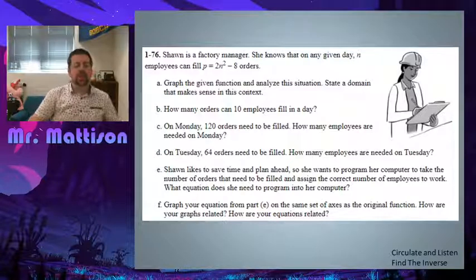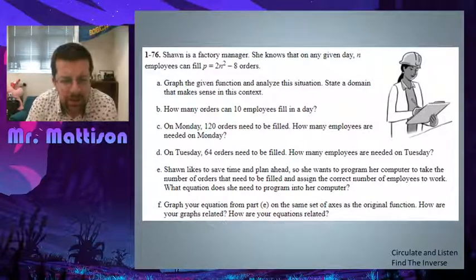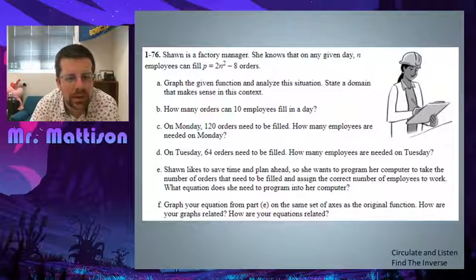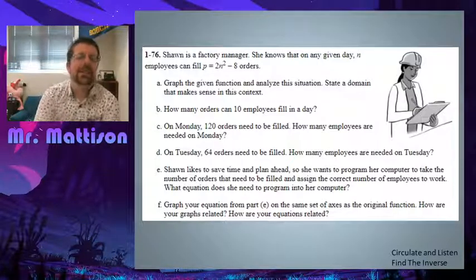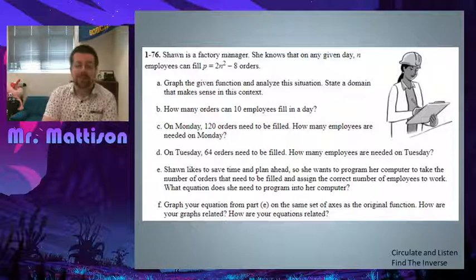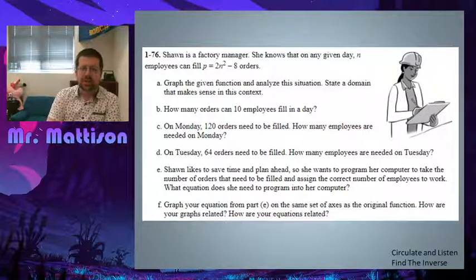Okay, so going through this, if we do the first few, it's relatively easy for us to figure out how many orders we're going to need. First they want the domain. In context, our number of employees is going to be 0 or greater.